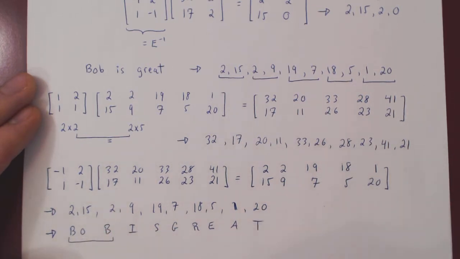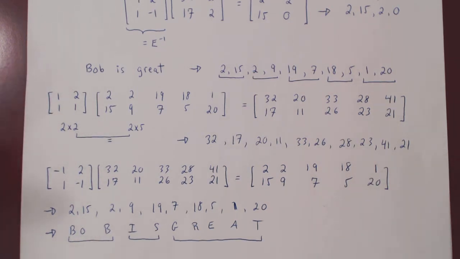Of course with no spaces, but you can clearly see this will be Bob is great. And that's it. This is how you encode and decode messages using matrices.